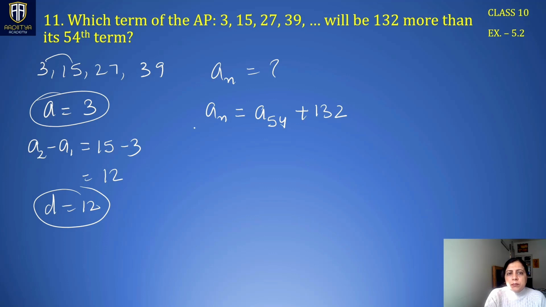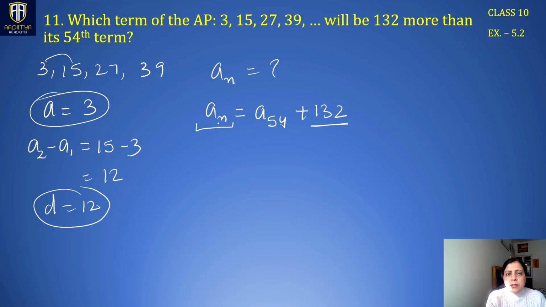So which term? That means you have to find the number of the term which is 132 added to 54th term. So you have to look for n here.